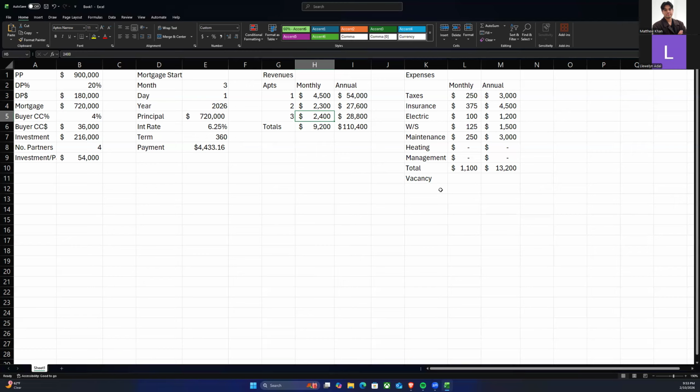Maybe there's 10 houses, maybe one house, maybe 50 houses. The more houses that are listed, the less chance you're going to be able to rent it right away.